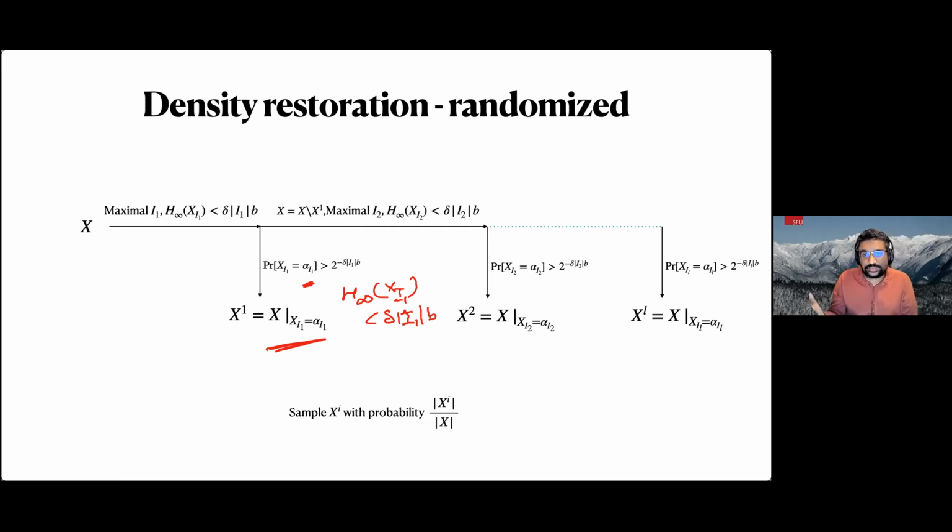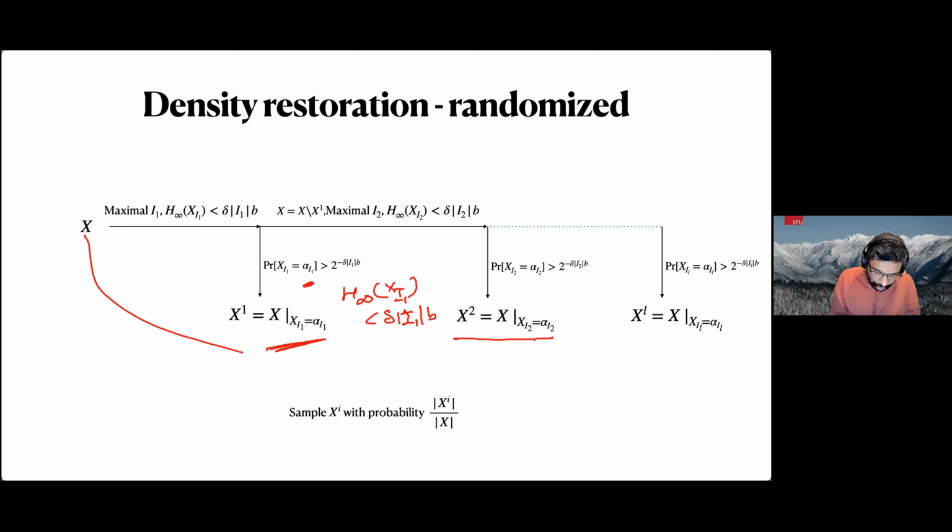If this X minus X1 has delta density, you don't do anything, you just stop there. Otherwise, if it also loses delta density, you find a maximal set in that new X and an associated value, and set X2 to be this new X conditioned on X_I2 equal to alpha_I2.